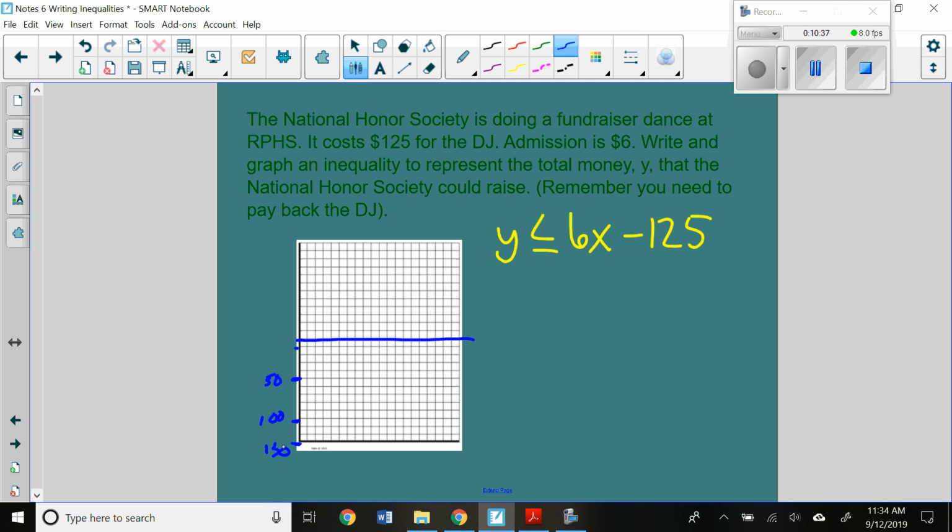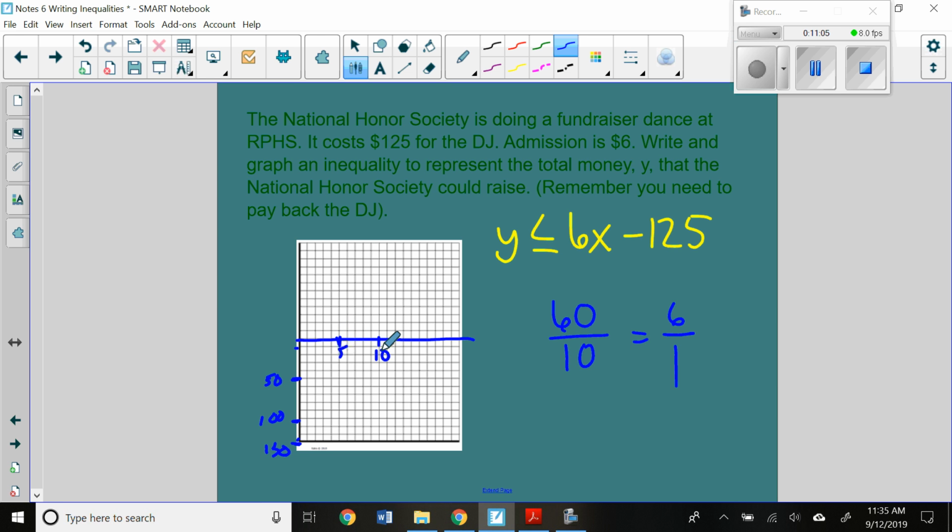Okay, so my y-intercept is down at negative 125. Now here, I'm going up by 6, but if every line is worth 10, and I'm going up by 6, that makes it difficult. So if I actually change my rate into 60 over 10, that's the same thing as 6 over 1. So I'm going to count every horizontal as a 1. So 1, 2, 3, 4, 5, 6, 7, 8, 9, 10.